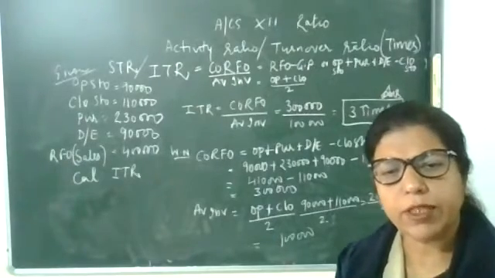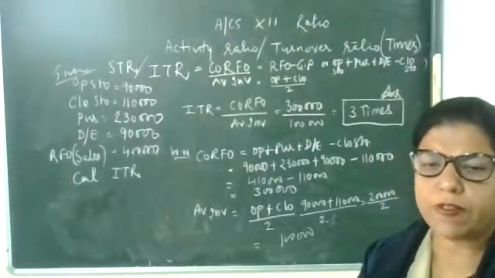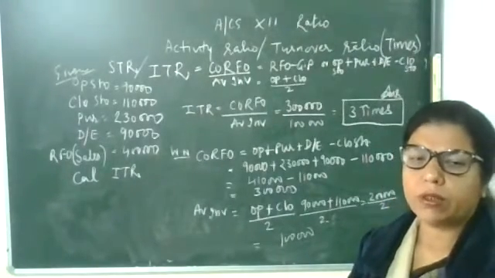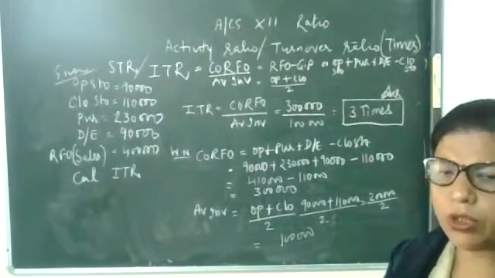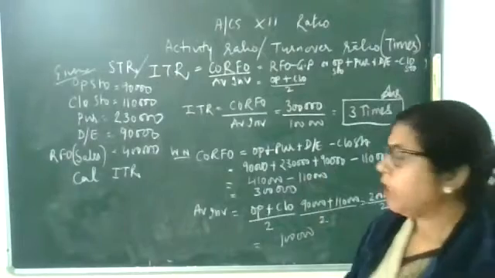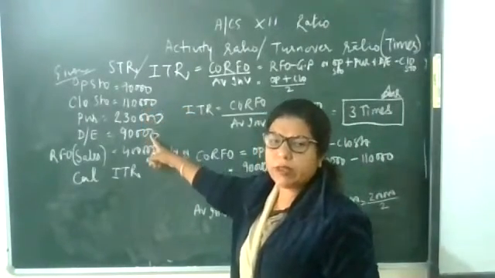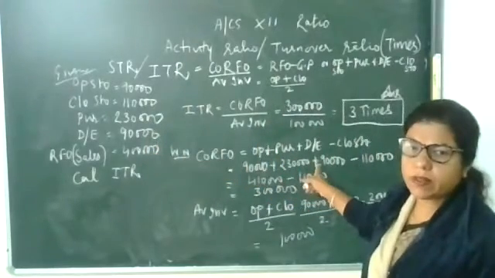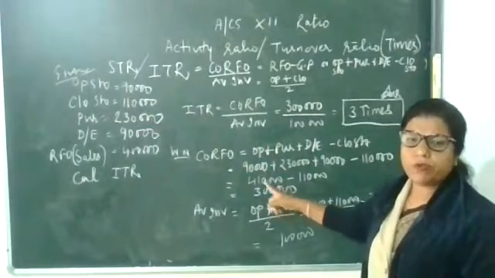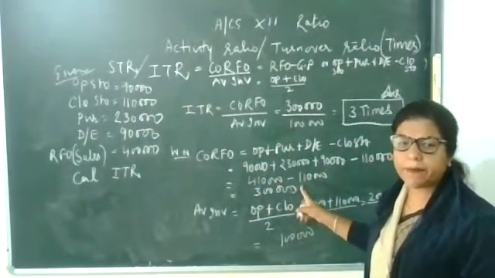And how to calculate CORFO? Opening stock plus purchase plus direct expenses minus closing stock. Now 90,000 plus 2,30,000 plus 90,000. Why? Because opening stock is 90,000, purchase 2,30,000, direct expenses 90,000, closing stock 1,10,000. So 4,10,000 minus 1,10,000, that is 3 lakh.